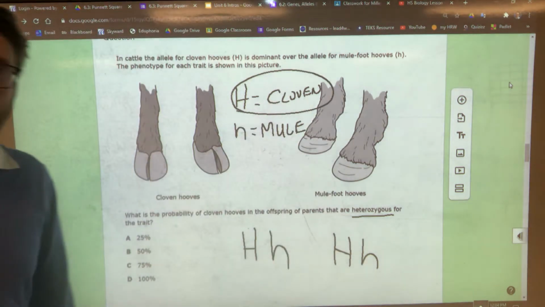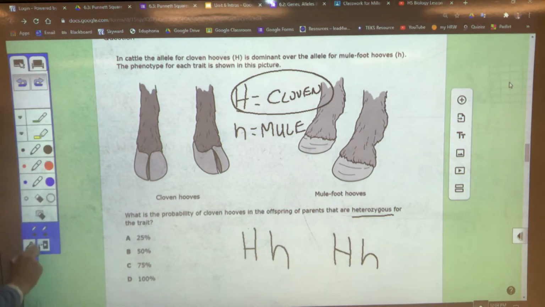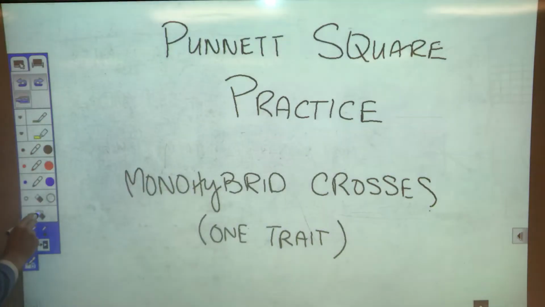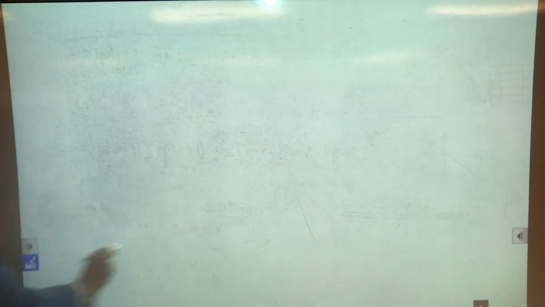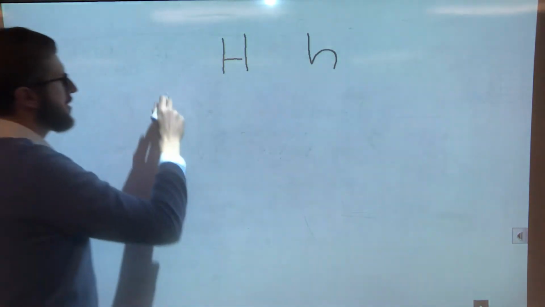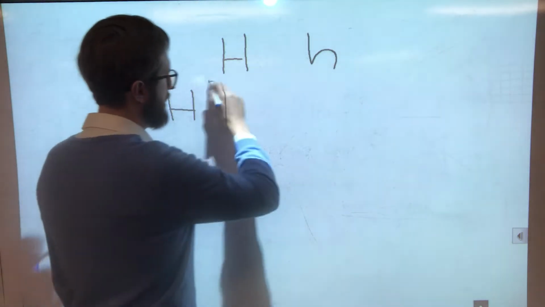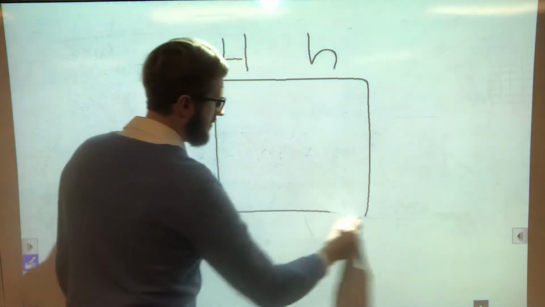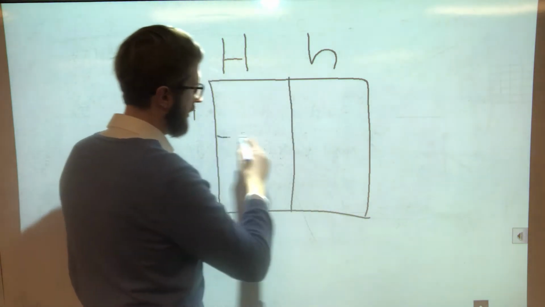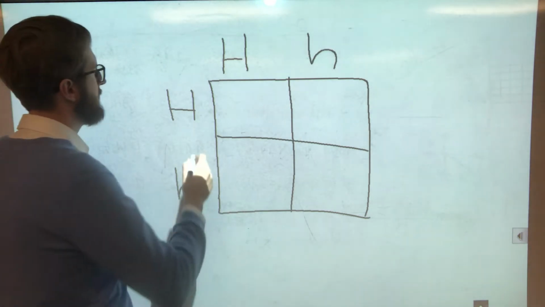Well, let's use a Punnett square to find out. So once again, mom and dad are both big H, little h. Let's say that's mom and that's dad. So we make our square, the Punnett square, and then we just work it like a times table, okay?